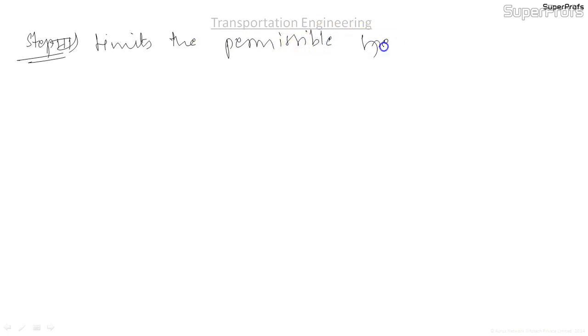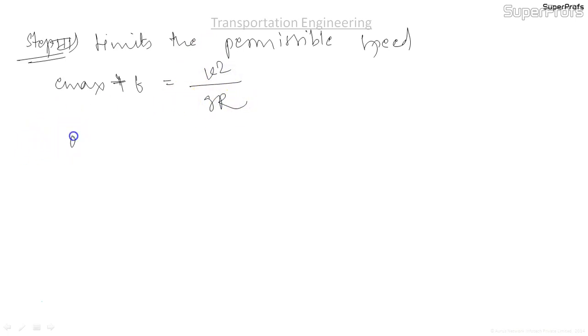So this step number 3, we will now go to step 3. Step 3 limits the velocity, limits the permissible speed. So the formula will be Emax plus whatever is the value of F, equal to, again with respect to the full design speed, V square upon GR.